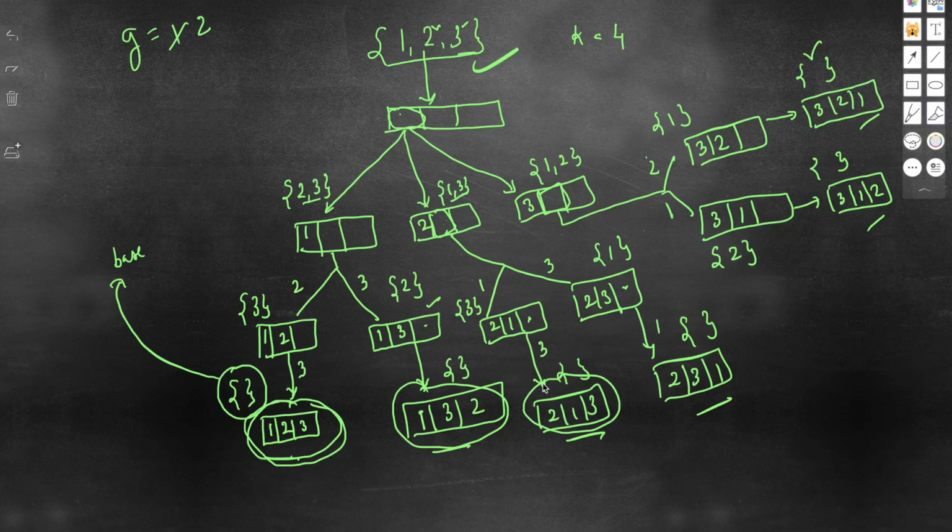We got another, so I will increase it to 3. I got another, so I will increase it to 4, and we need to find the fourth permutation, right? So my global variable is 4, so I will return this permutation sequence. Fine. I hope you understand the base case and how we are going to build a solution.